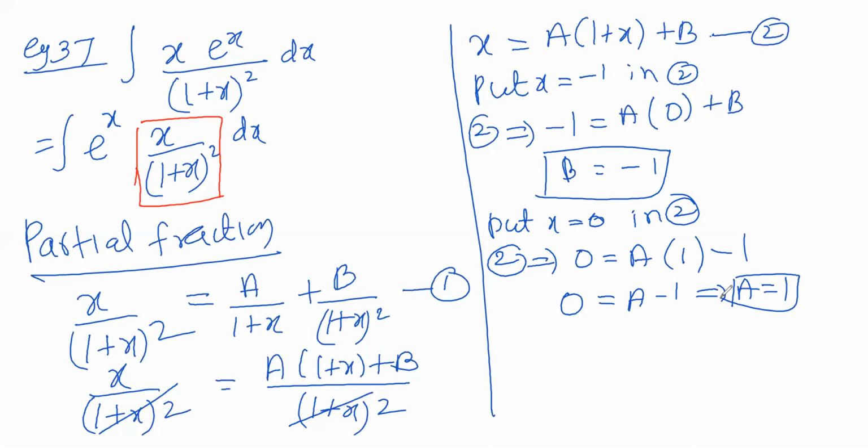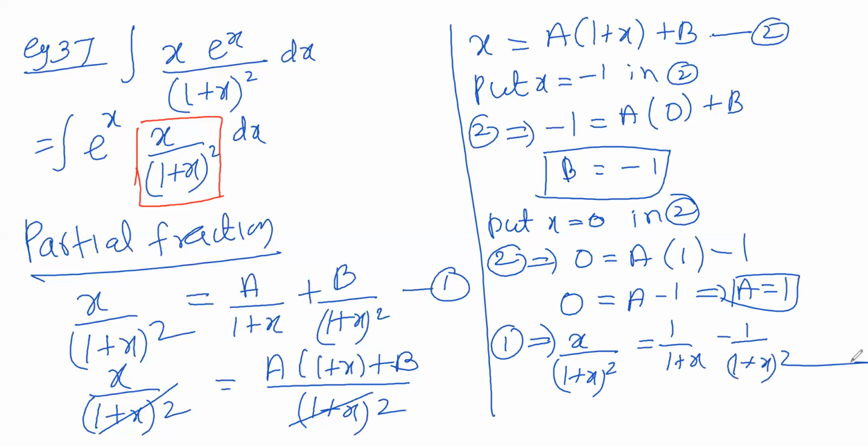Now substitute both values of a and b in 1: x by 1 plus x the whole square is equal to 1 by 1 plus x minus 1 by 1 plus x the whole square.